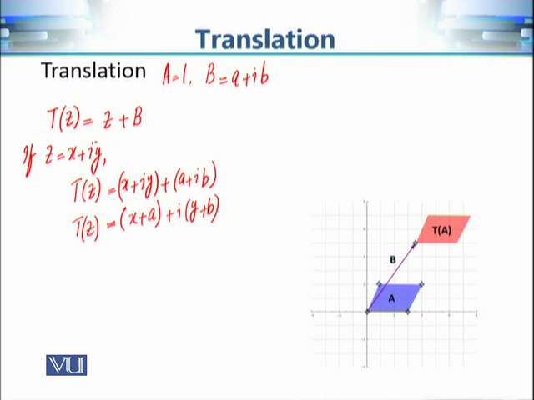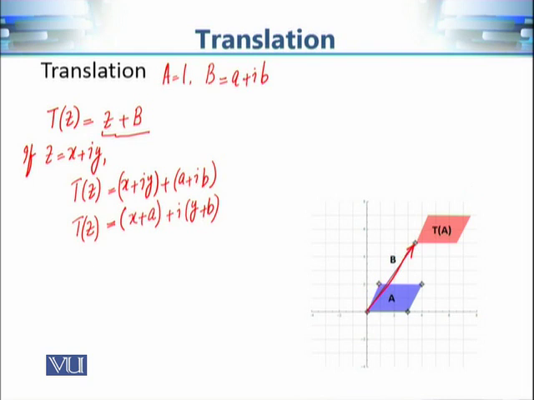As we can see, when we apply T on a complex variable z, we add this complex number b, which is a fixed complex number. Every time we apply T on z, we add this complex number b. So if we represent this complex number b by a vector in the complex plane, then when we apply T on z, we are translating z through this vector b.